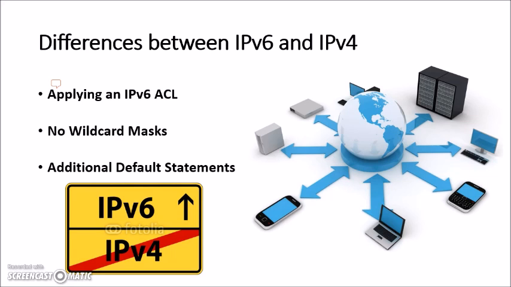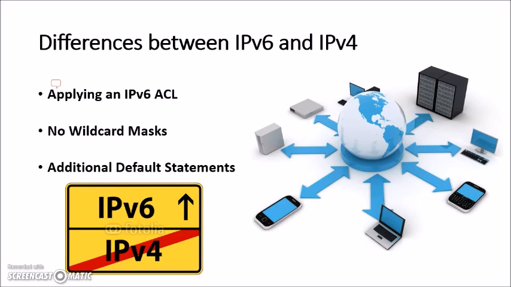Some differences between IP version 6 and IP version 4. Applying an IP version 6 ACL, the first difference is in the command used to apply ACLs to an interface. IP version 4 uses the command ip access-group to apply an IP version 4 ACL to an IP version 4 interface.